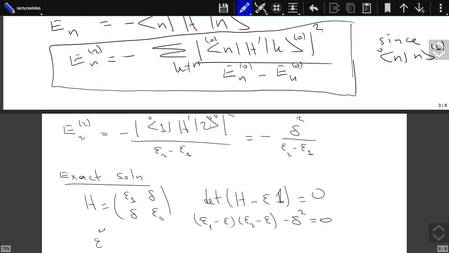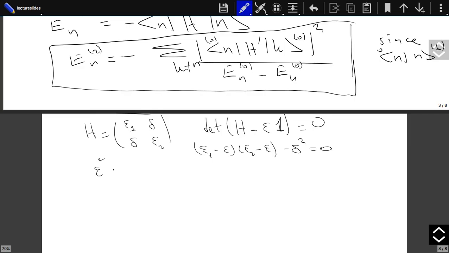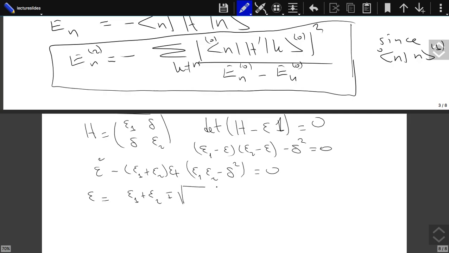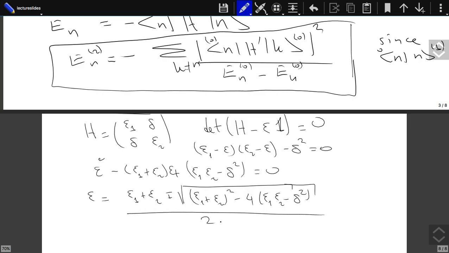Let's see. Epsilon squared minus (epsilon 1 plus epsilon 2) epsilon plus epsilon 1 epsilon 2 minus delta squared is equal to 0. So epsilon is equal to (epsilon 1 plus epsilon 2 plus or minus the square root of (epsilon 1 plus epsilon 2) squared minus 4 (epsilon 1 epsilon 2 minus delta squared)) divided by 2.